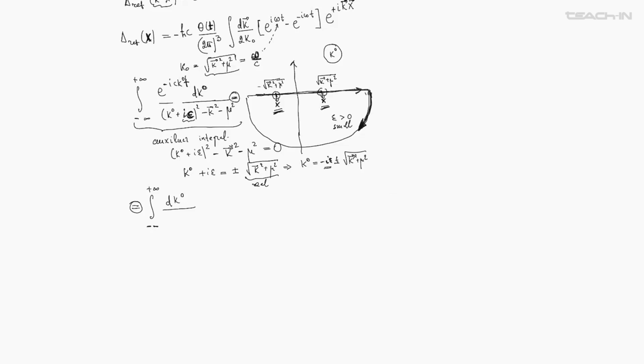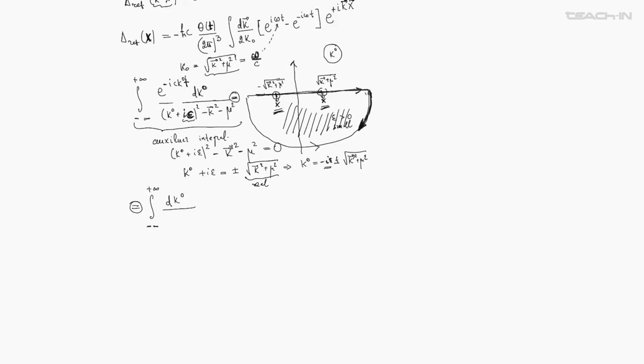So when replacing the integral over the real line by integration over this half circle, I have to change the sign because of changing the way I enclose the contour, in order to be in agreement with the Cauchy theorem.